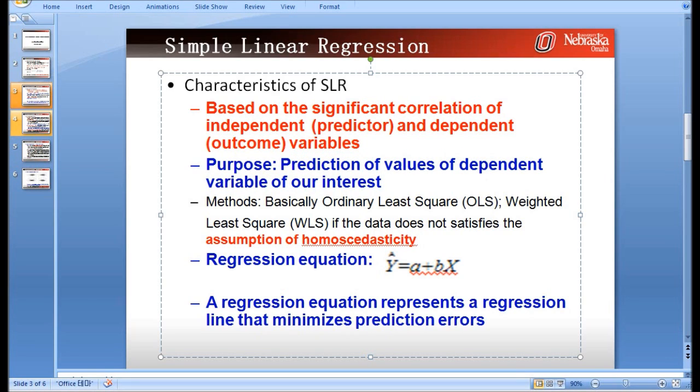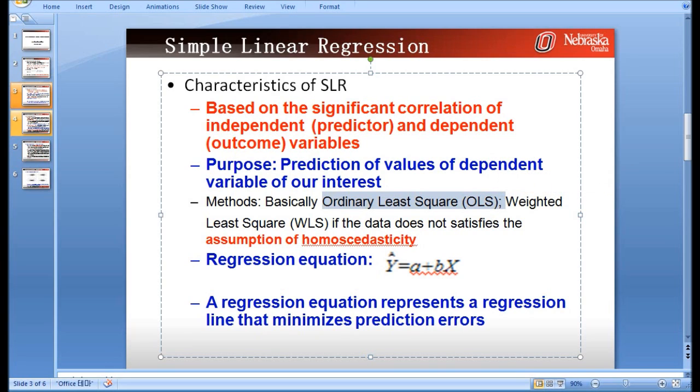A commonly used analysis method for a simple linear regression is ordinary least squares.